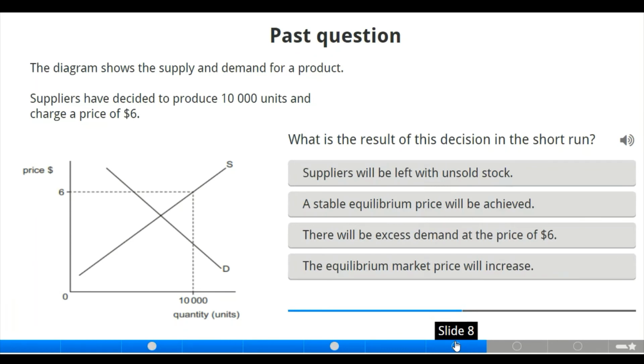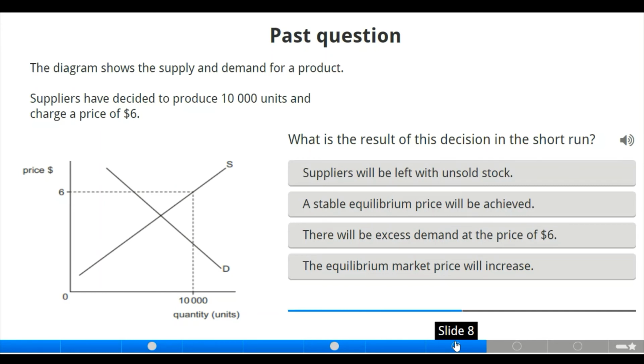Moving to the next slide, we have one past question here also. The diagram shows the supply and demand for a product. Suppliers have decided to produce 10,000 units and charge a price of $6. What is the result of this decision in the short run? Let us look at this diagram.